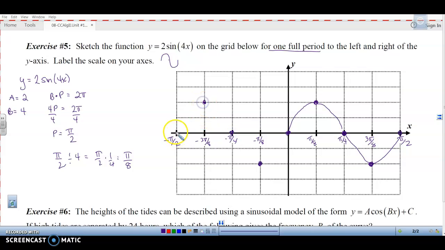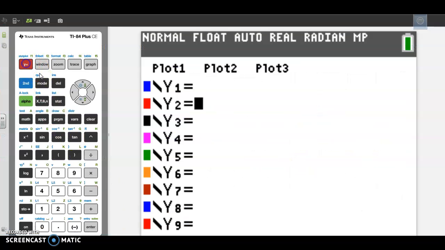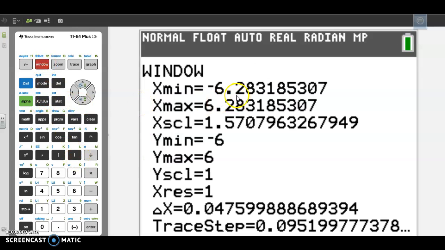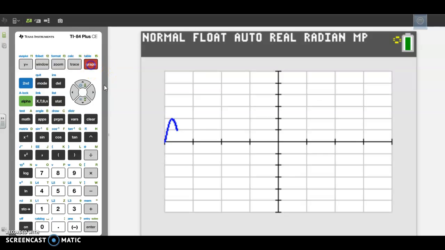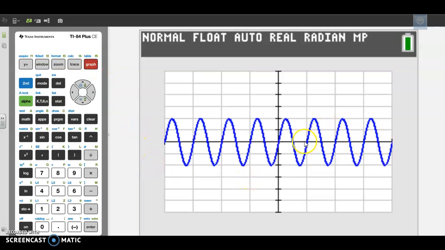Now, just to show you that this is correct, I'll set this on the graph on my calculator: y equals 2 sine 4x. My window is from negative 2 pi to 2 pi. If I graph this, you can see within that I have 1, 2, 3, 4 complete revolutions of sine within 2 pi.